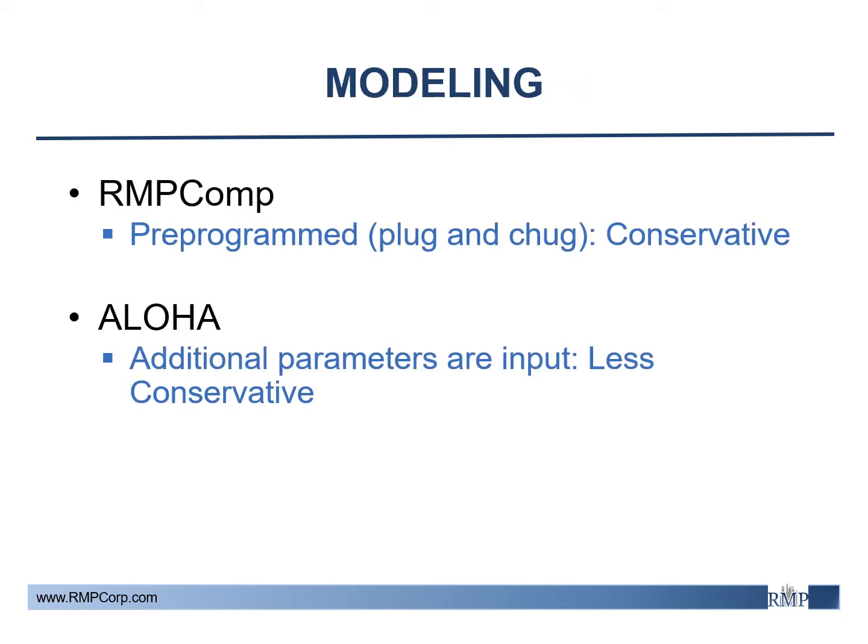The two most common modeling software used for off-site consequence analysis are RMP-Comp and ALOHA. RMP-Comp is pre-programmed and is used as a plug-and-chug model that is very conservative. ALOHA has additional parameters that are input and is less conservative.